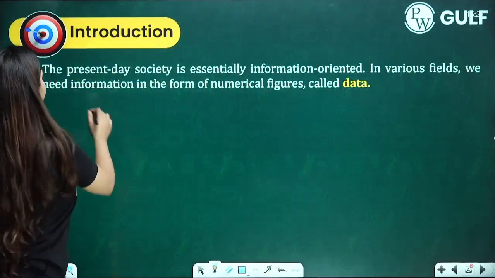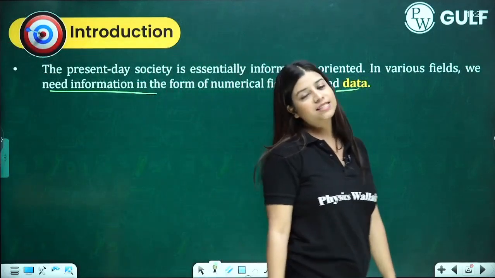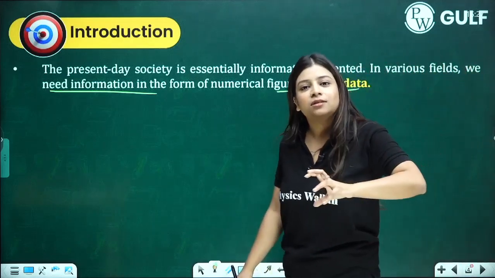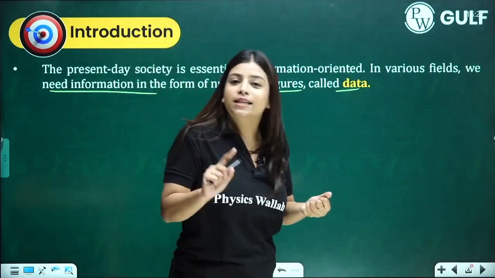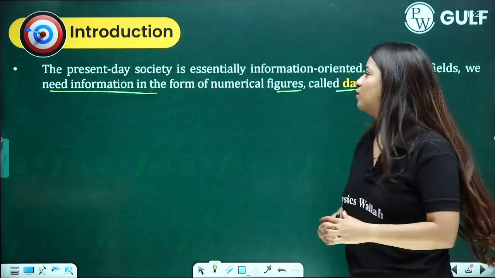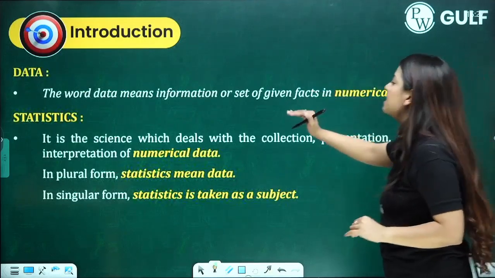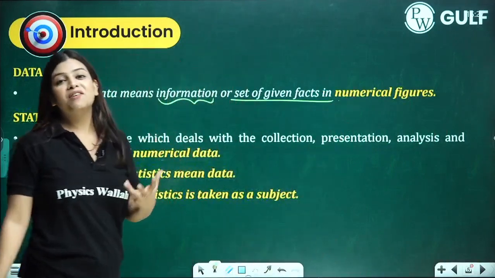So in various fields, we need information in the form of figures, that is known as data. The collection, interpretation and all these things associated with this data is what is known as statistics.